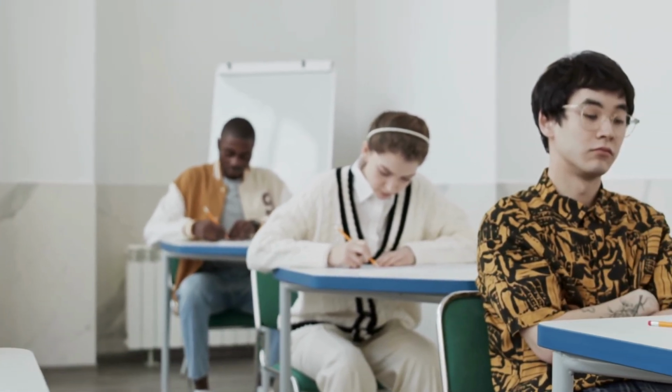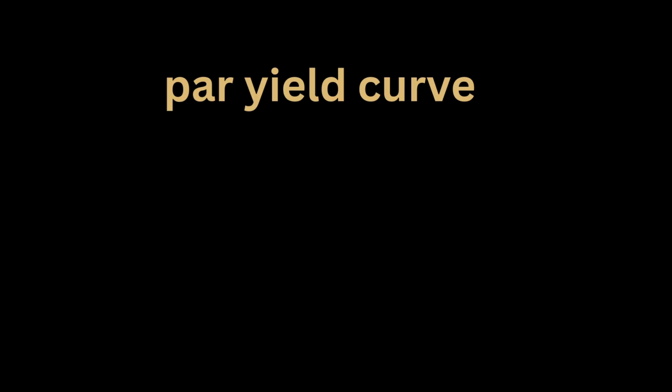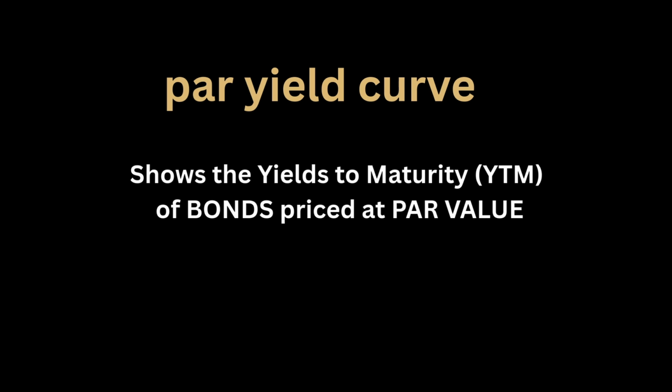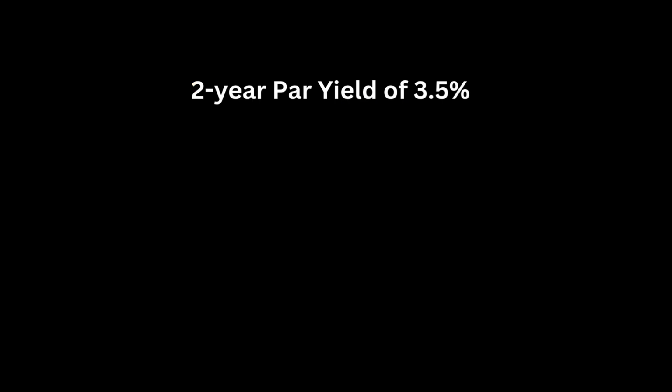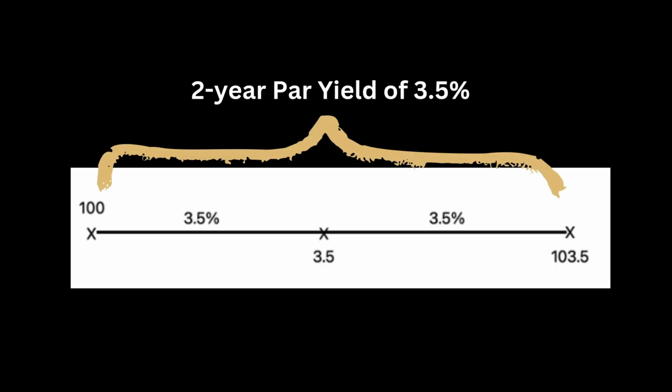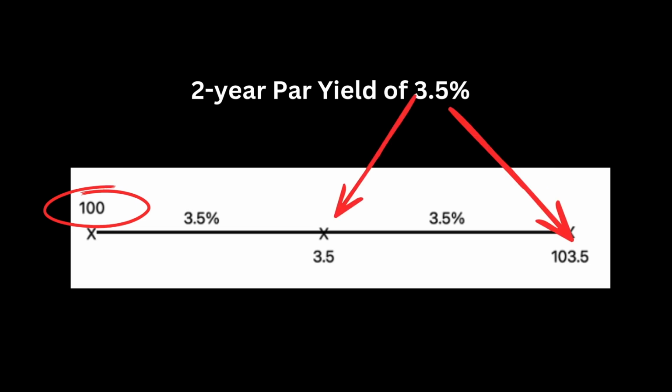Let's get started. The par yield curve plots yields to maturity for bonds priced at par value, where coupon rate equals YTM. These are coupon-paying bonds like treasuries trading at face value across maturities. For example, a two-year par yield of 3.5% means a two-year bond issued at the par of 100 with an annual coupon of 3.5, and its yield to maturity is also 3.5%.